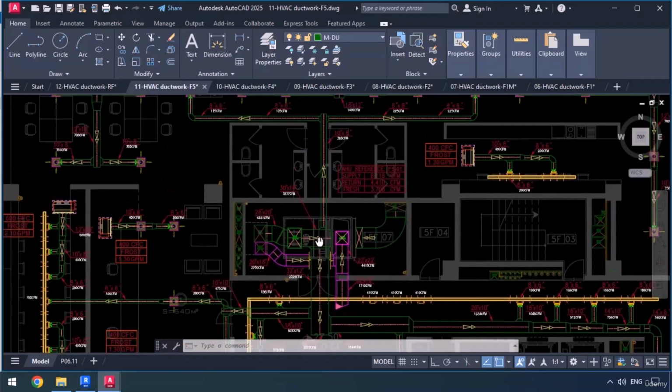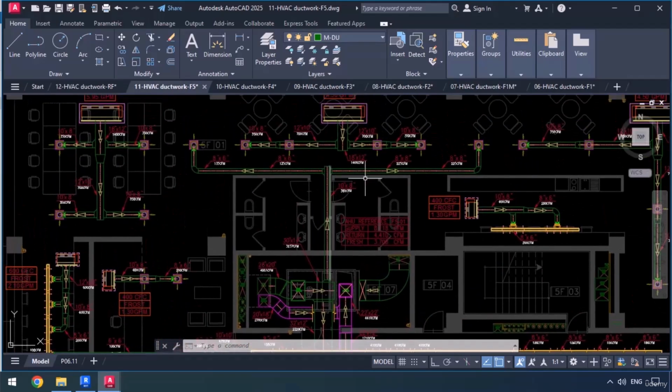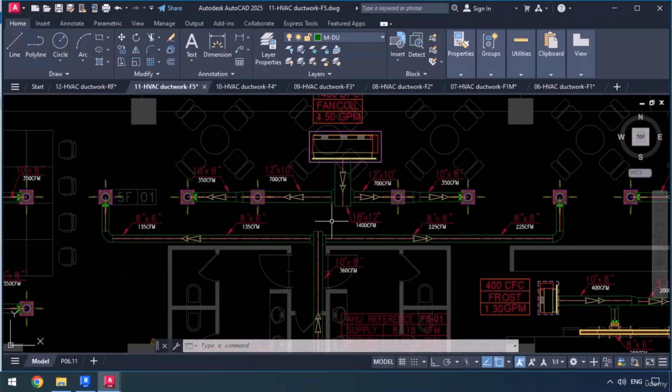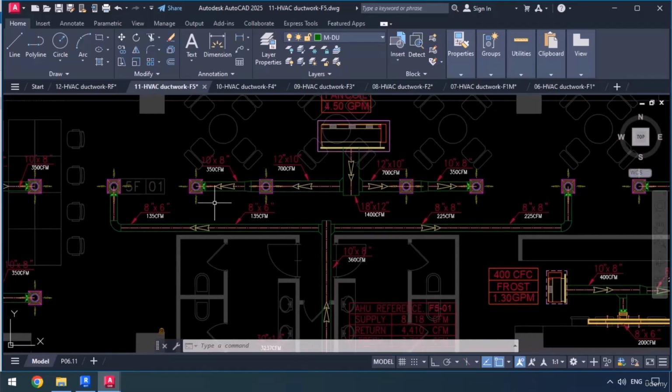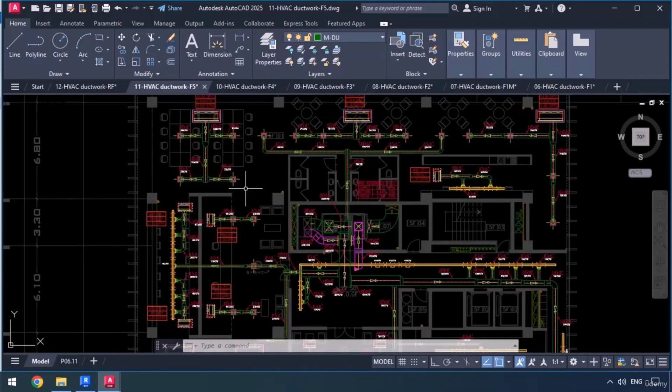For example, I'm going to follow this branch we've got on this upper side, which as you can see, is leading to the square ceiling air terminals. Now another ventilation item we have in this floor is this fan coil unit we've got over here, which is fed by these air terminals that are connected to it. So the unit combination that we have here is fan coils and the air terminals connected to them.